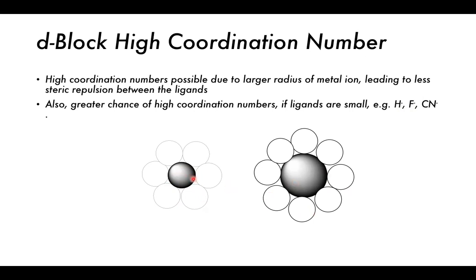Conversely, if you have small enough ligands, like hydride, fluoride, and cyanide, they can still fit around in adequate numbers to give these high coordination numbers. A lot of this is just sterics. If it can't fit, then it's not going to feel enough attraction to stick around.